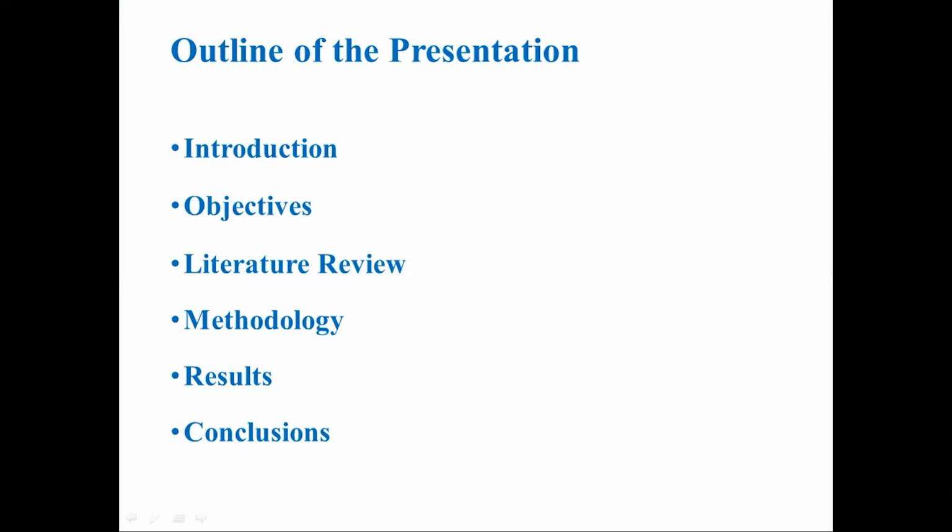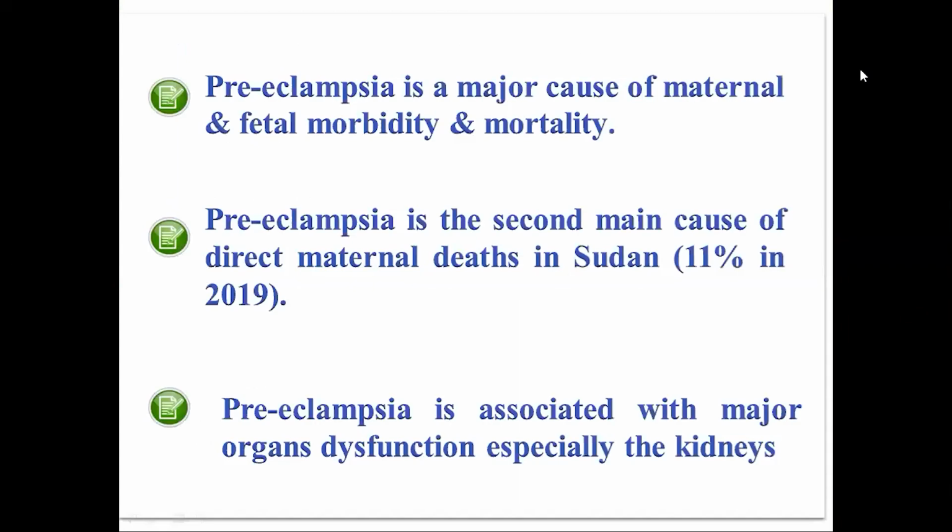In the introduction, as you can see, it defines preeclampsia as a major cause of maternal and fetal morbidity and mortality. Preeclampsia is the second main cause of direct maternal death in Sudan, 11% in 2019.